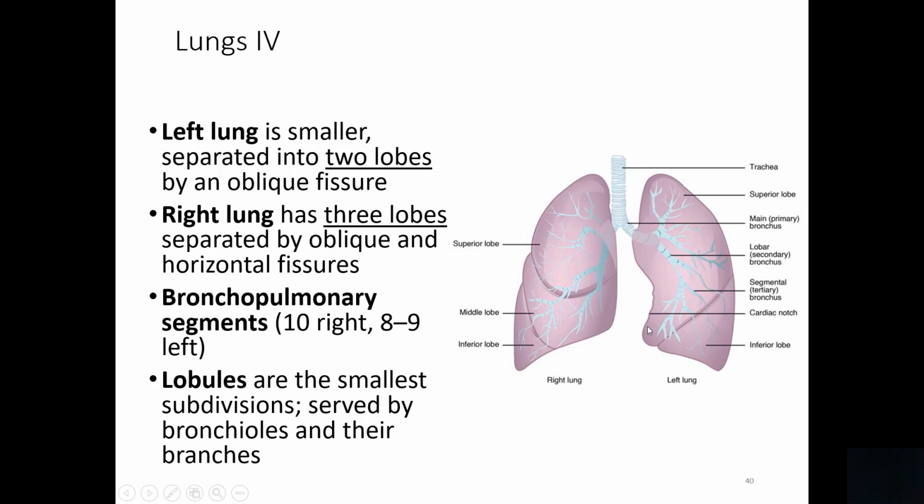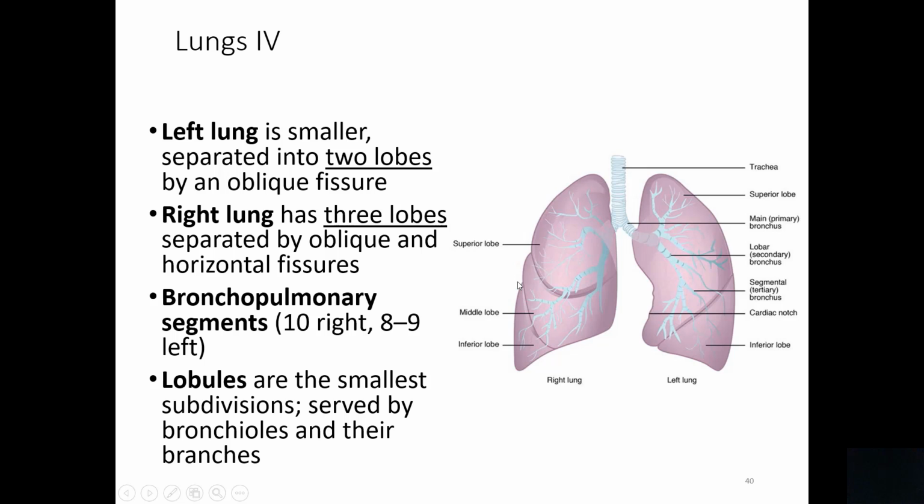That would be superior lobe, that is inferior lobe, and they are separated by fissure. That's called oblique fissure, the left one. The right lung is made of 3 lobes, superior, middle, and inferior.